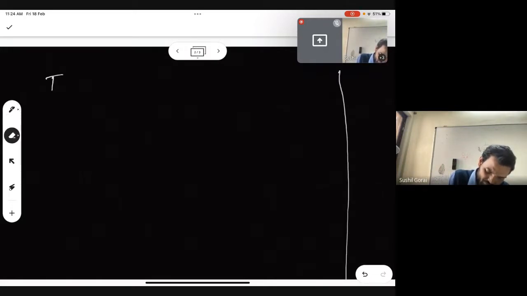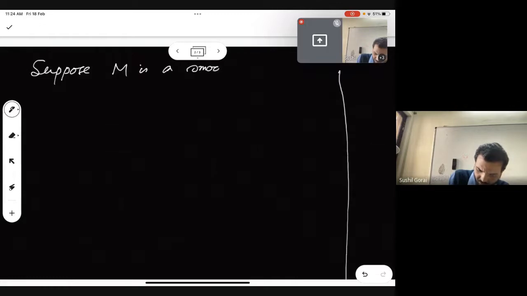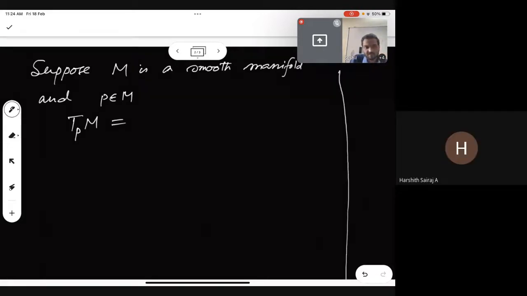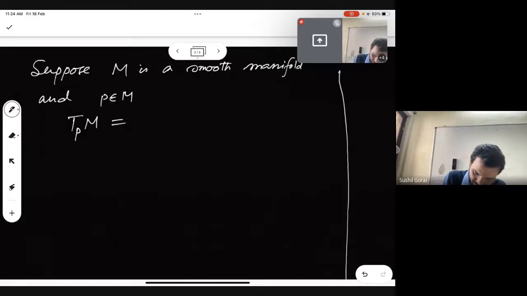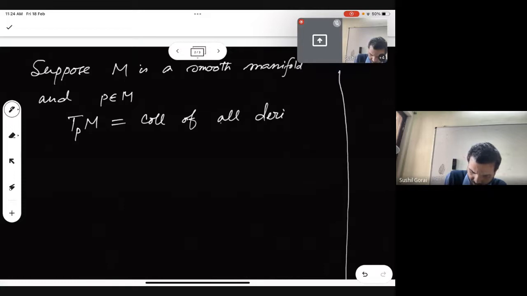Suppose M is a smooth manifold, and p is in M. So what is T_pM? It is the collection of all derivations at p.